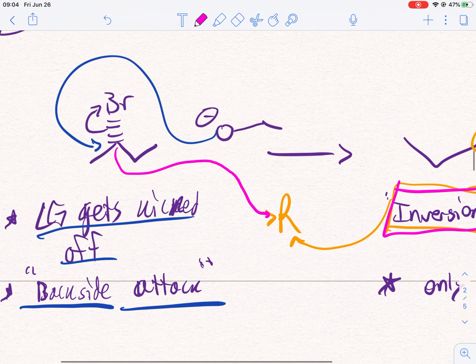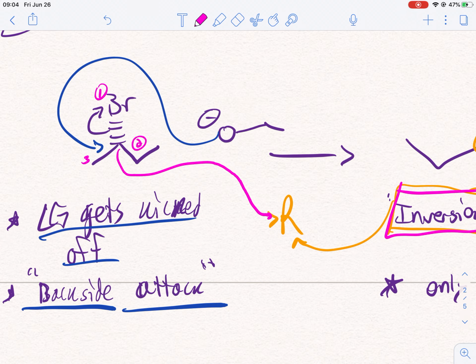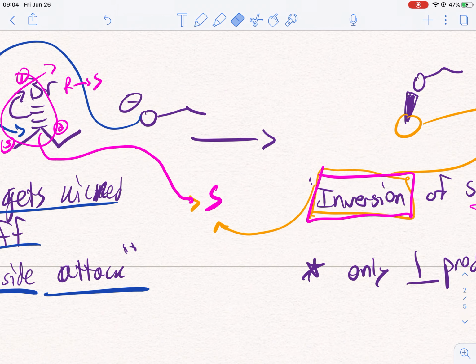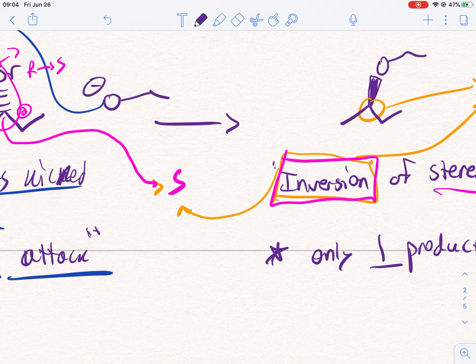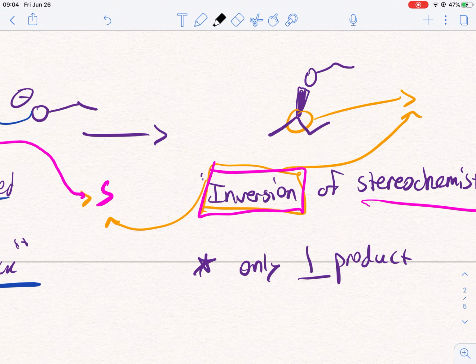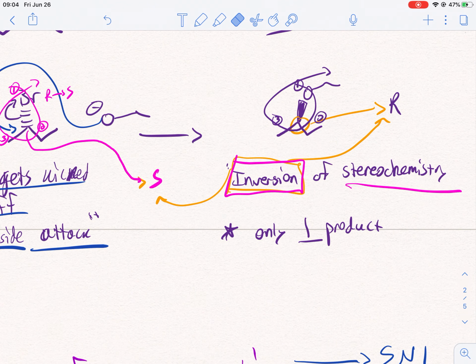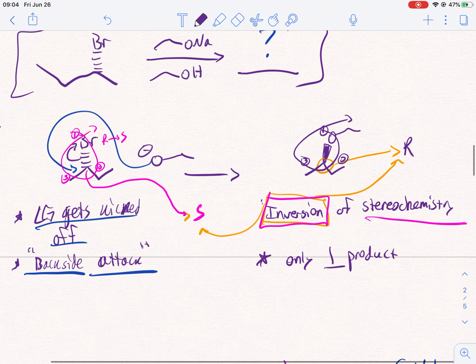If you do the R/S configuration, 1, 2, 3, R to S, hold on, so it's going to be S. And it should be R. 1, 2, 3, R. Okay. Yep. Okay, so the inversion is literally an inversion. The stereochemistry changes. The stereocenter flips, right?